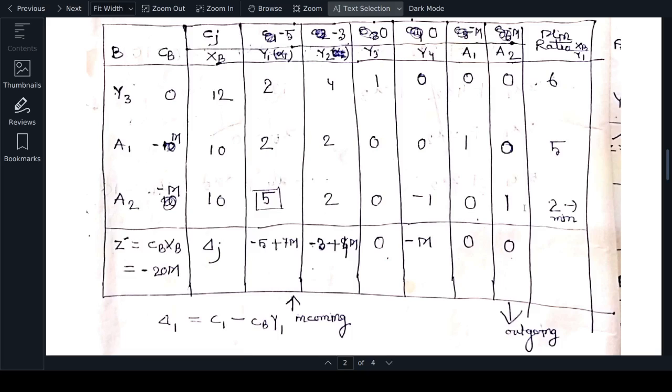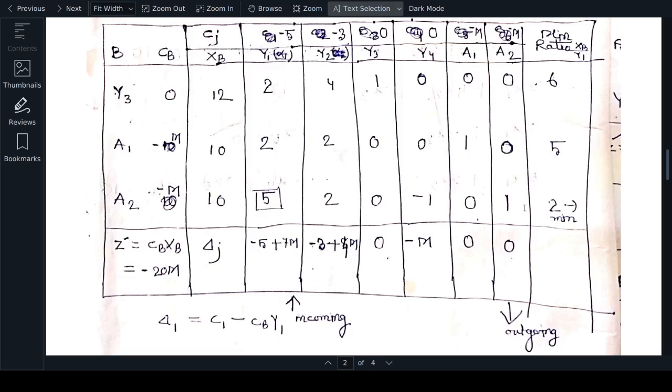This column will not come. But if the artificial variable is not outgoing, then you write it. Here A2, the artificial variable, is the outgoing vector, so we will not write it in the second table. Up to A1 we write.